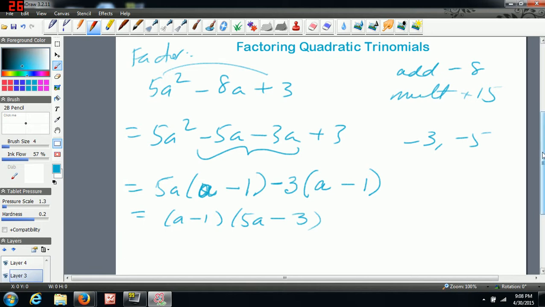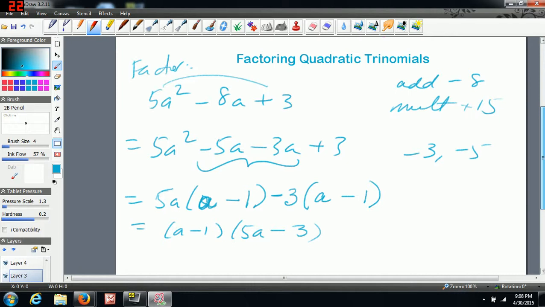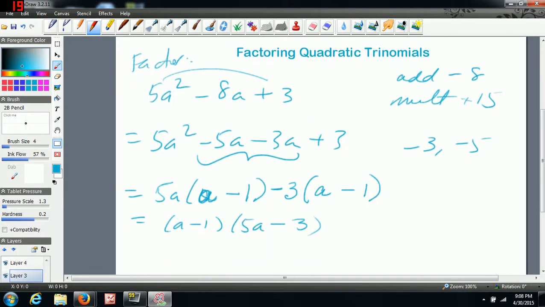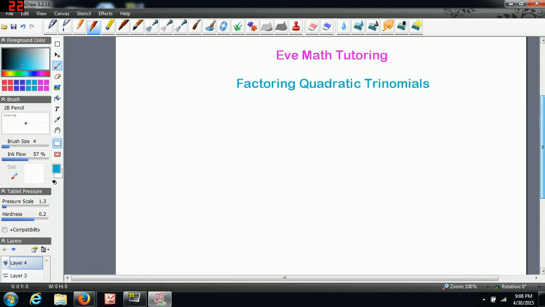So I think those are three pretty good examples to help you understand how to factor quadratic trinomials. You might get situations where you've got more complicated stuff, but again, the rules don't change. I could do one as an example.